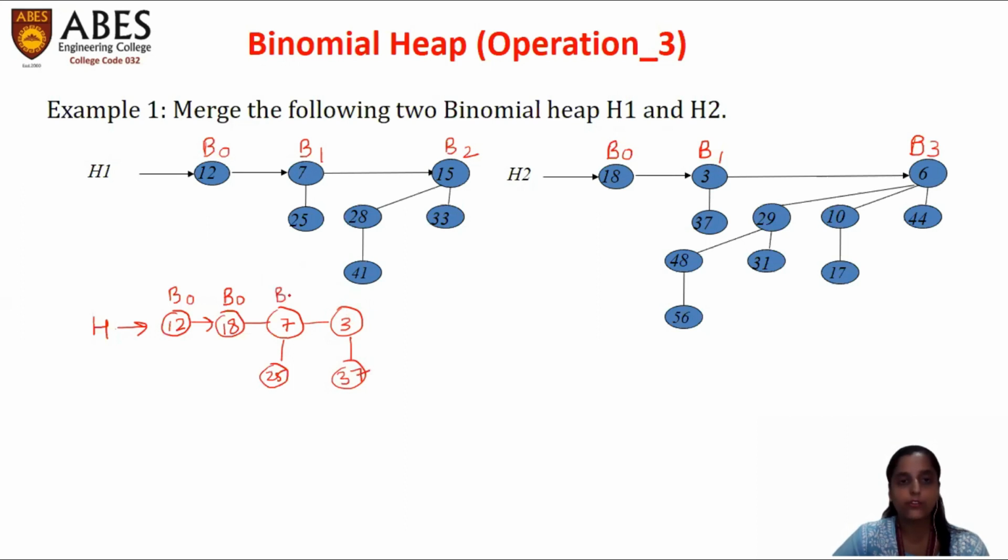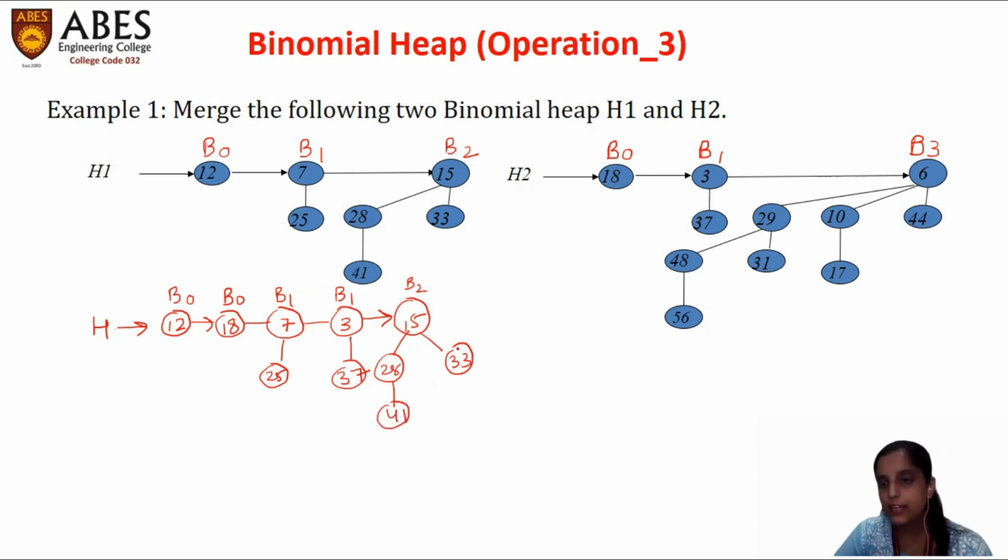Right? Both are of order B1. We'll update our pointer and search for B2. Yes, there is a binomial tree of order B2, so we'll connect it here: 15, whose left child is 28, right child is 33, and here we have 41.